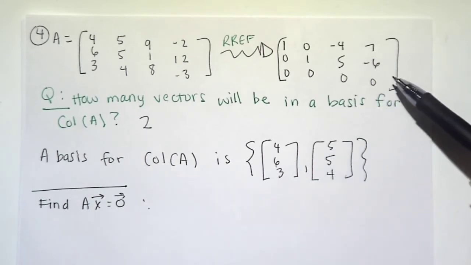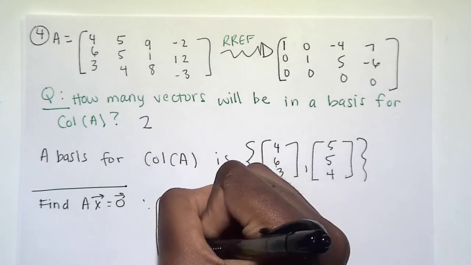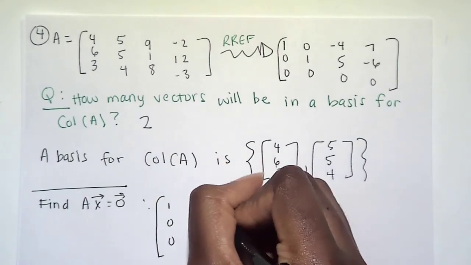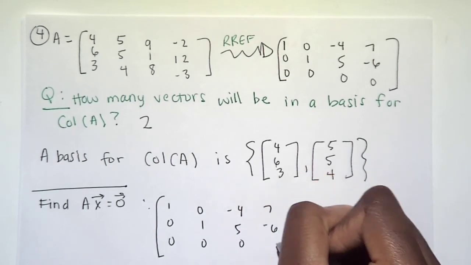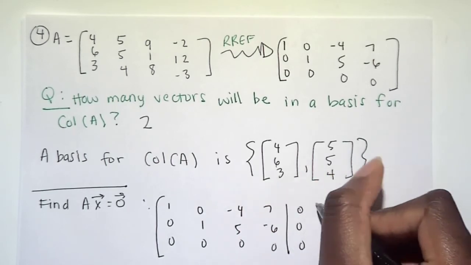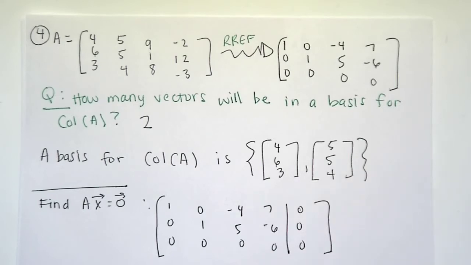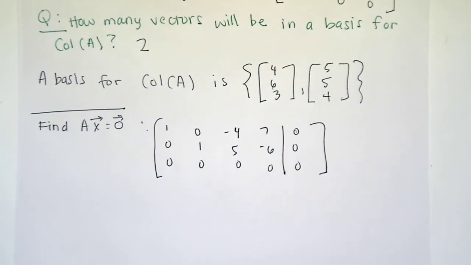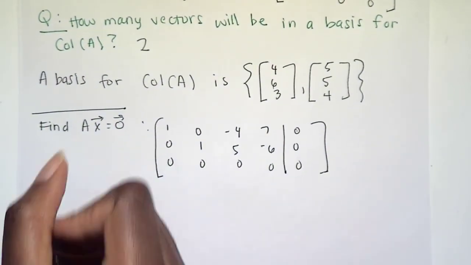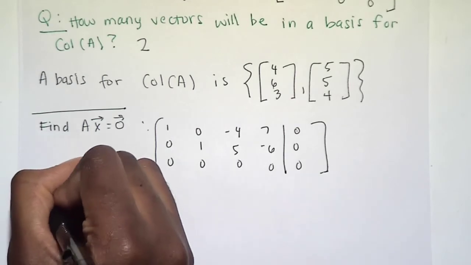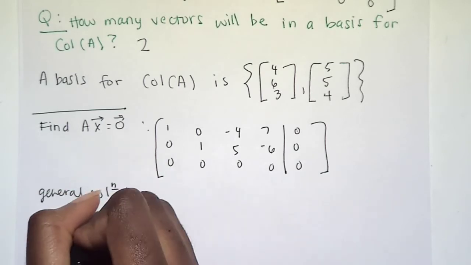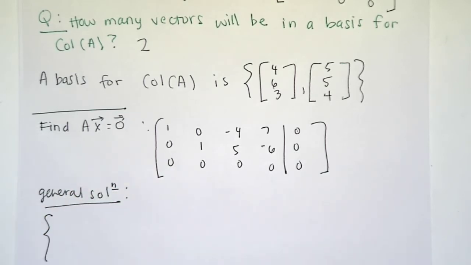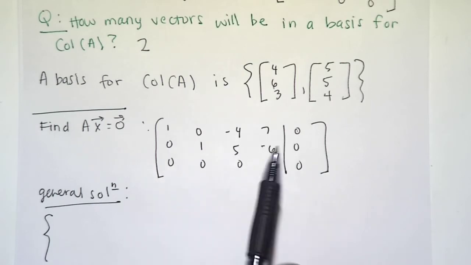All the hard work has been done for us here. Great. So we set it equal to 0. All right, and we can solve. All right, so I'm going to set up my general solution and then write it in parametric vector form. So for my general solution, I have x1, x2, x3, and x4.